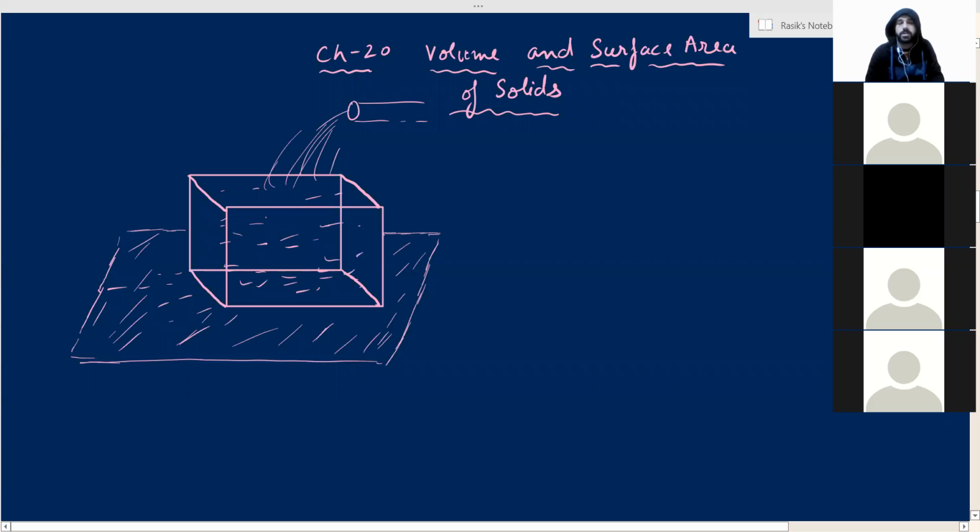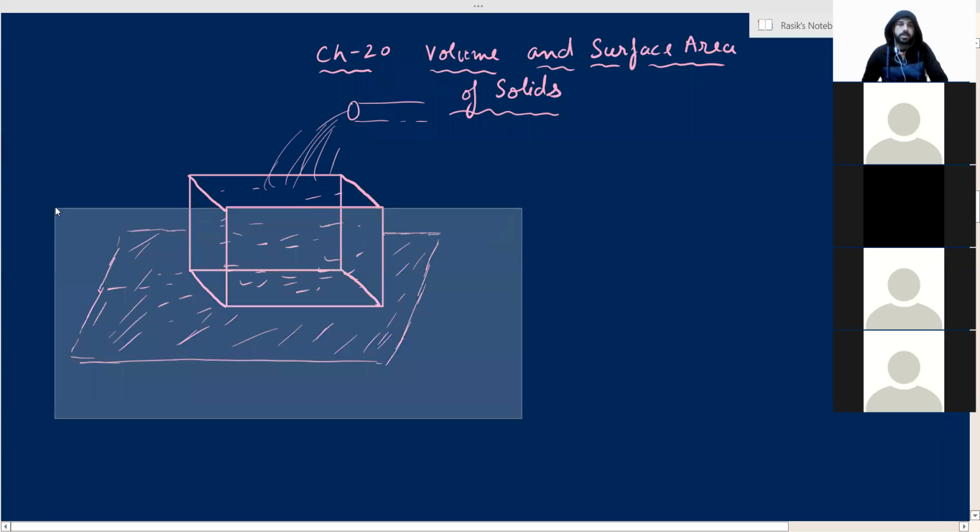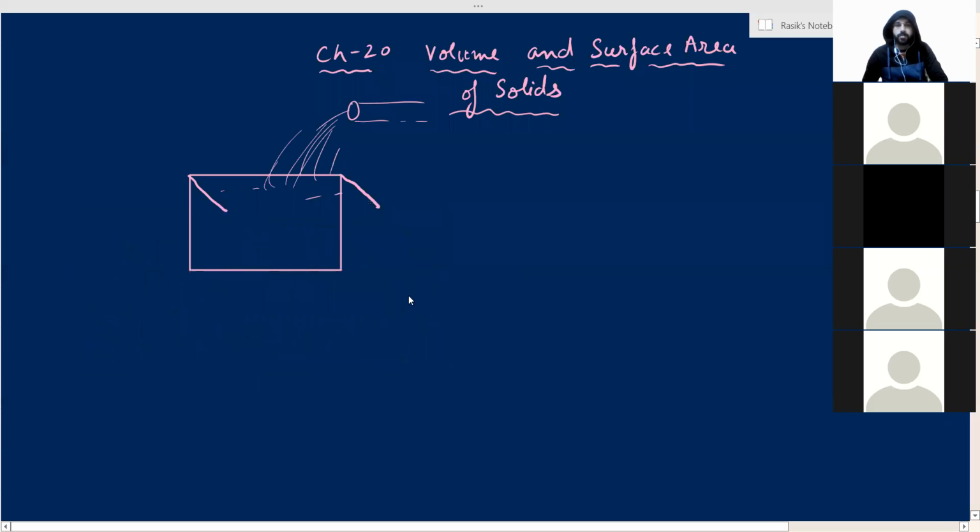The capacity of this solid will be equal to the space occupied by the solid. Both will be the same. That is also known as the volume. Are you getting the point, everyone? Yes, sir.